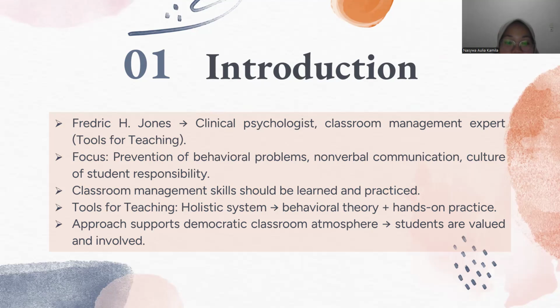All of these ideas come together in his famous model called Tools for Teaching, which is a holistic system combining behavioral psychology and practical classroom strategies. So his approach also promotes a democratic classroom where students feel respected and involved in managing the class.